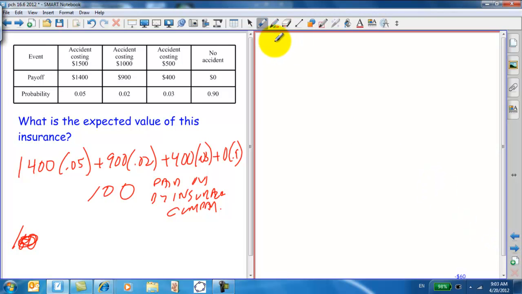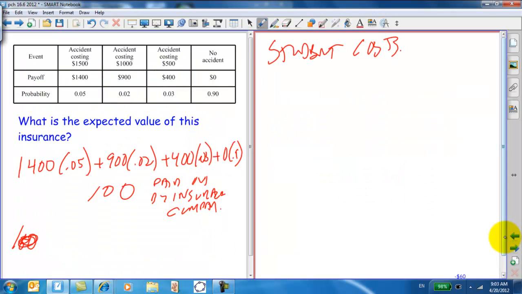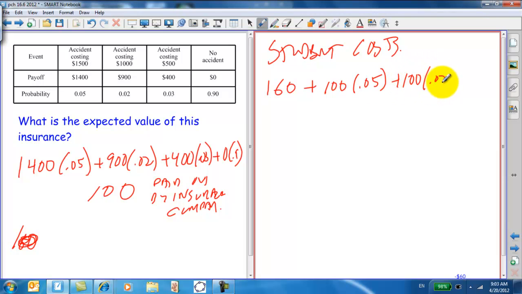Let's look at your cost, the student cost, for the course of a year, because you're spending $160 for 1 year's collision damage insurance, okay? Plus the $100 deductible. So you're going to pay $100 when you have an accident costing $1,500. You're going to pay $100 when you have an accident costing $1,000. You're going to pay $100 when you have an accident costing $500, and that happens 0.03 of the time. You don't pay anything if there's no accident.